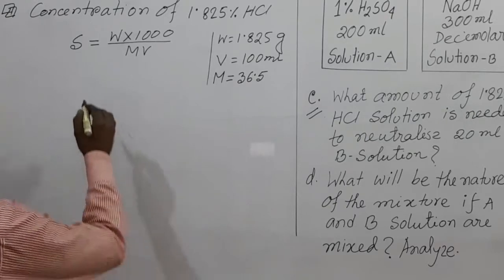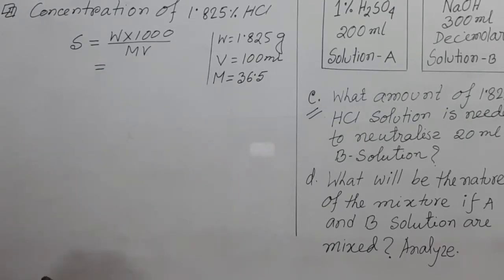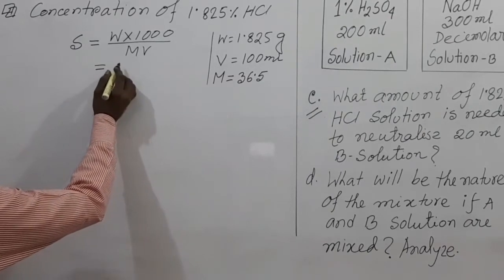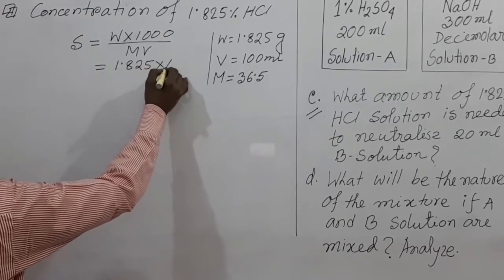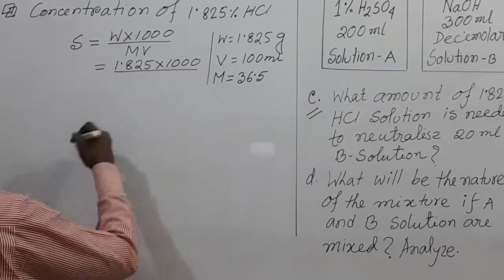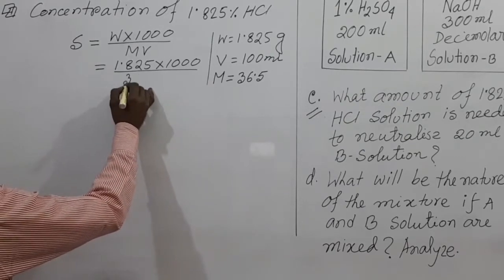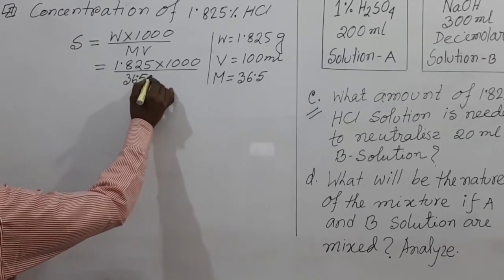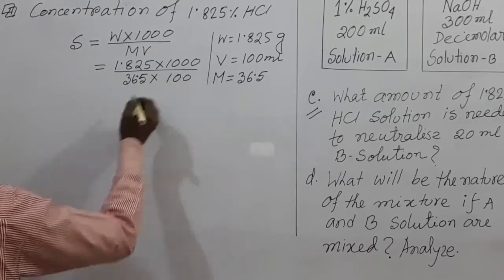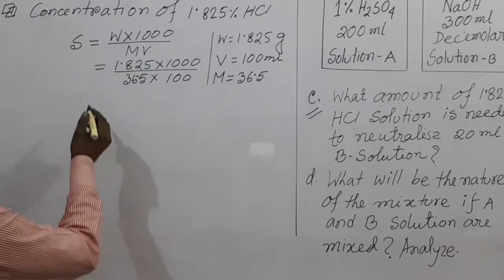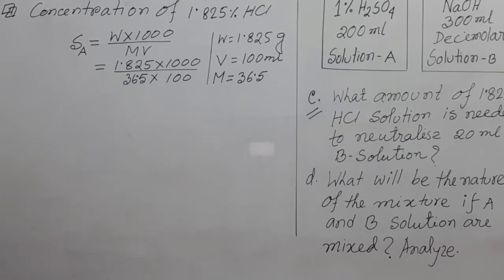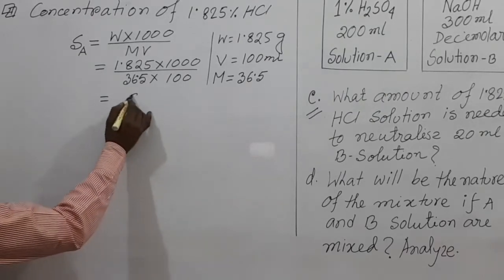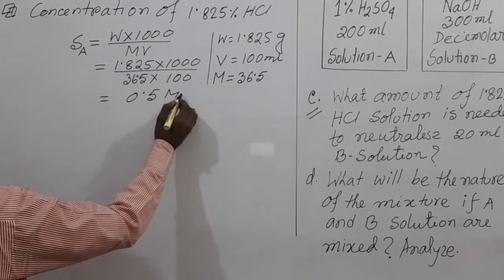So, my dear students, the concentration of hydrochloric acid is W, 1.825, into 1000 divided by 36.5 into 100. We can say that the concentration of hydrochloric acid is SA because HCl is an acid, and we get the concentration is 0.5 molar.